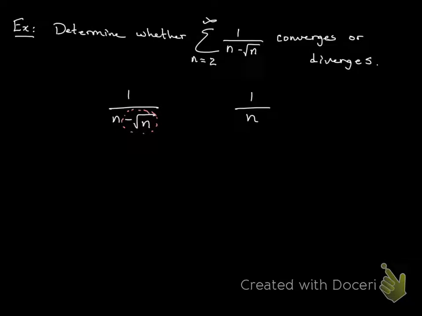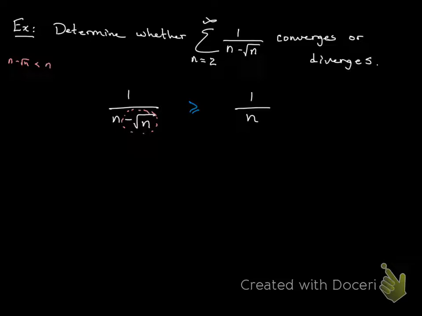If you want to write off to the side, you can. n minus square root of n is smaller than n. It's true. I'm taking away something on the left side, which makes the left side smaller. In a quotient, a smaller denominator means larger. So that's why I can say that 1 over n minus square root of n is larger than 1 over n.